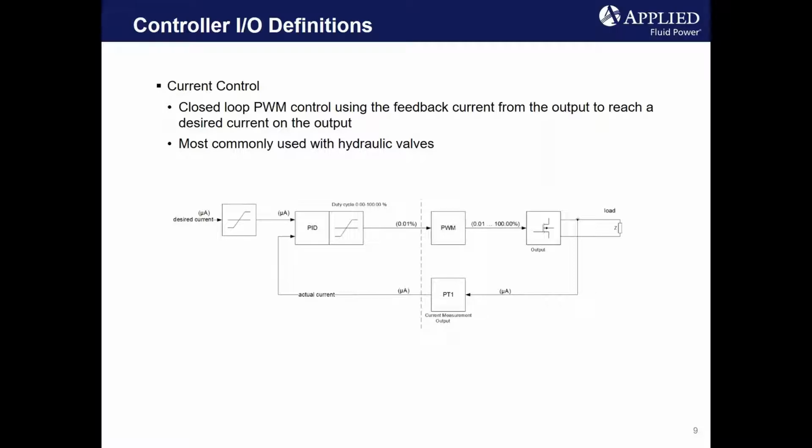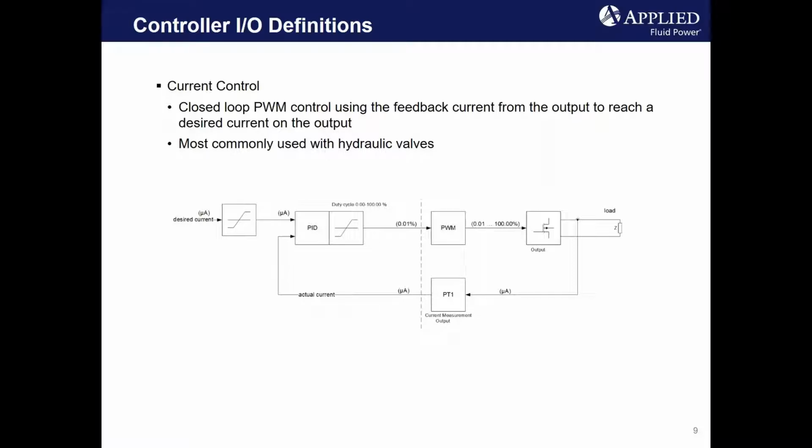As the diagram below shows, the output is commanded with a desired current, which is received by the PID controller internal to the controller. The PID controller then applies a calculated PWM duty cycle percent to the output, then measures the current on the output and repeats the process.